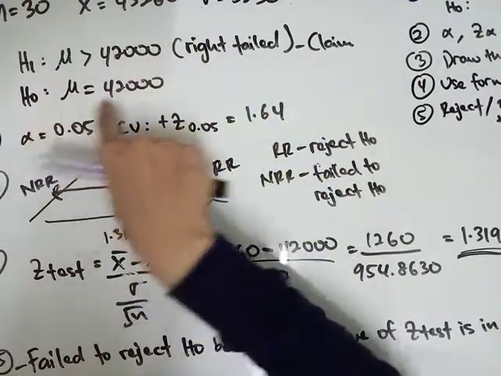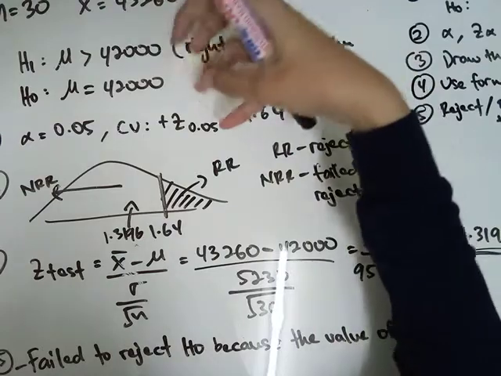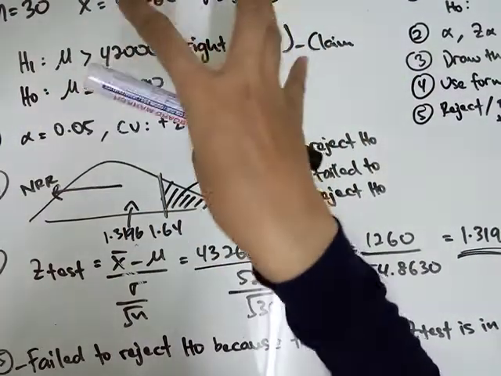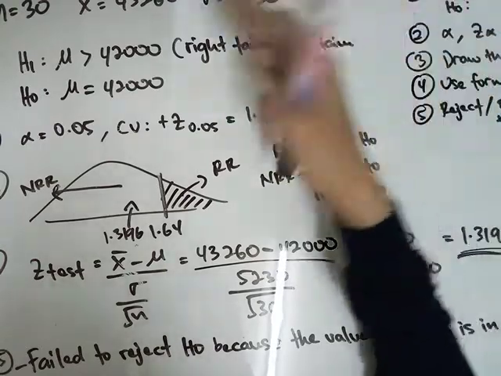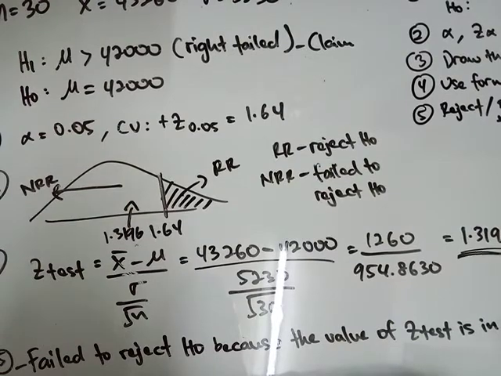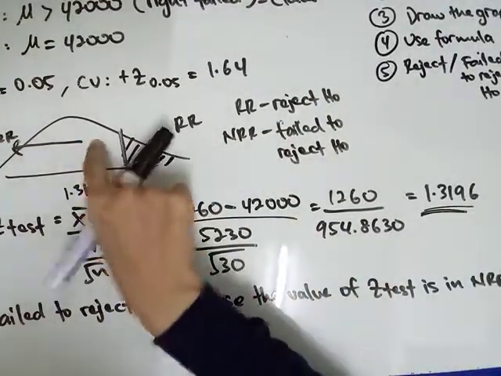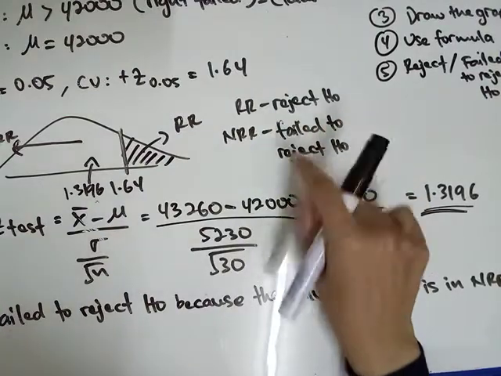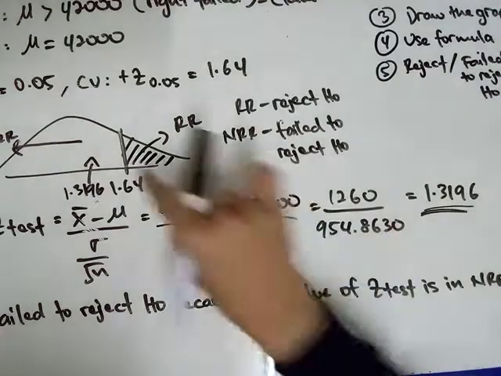But H-note ni nak mengatakan yang statement ni not true. Mungkin dia dapat equal ataupun less than 42,000 per year. Okay, so bila kita dapat value ni dalam NRR, that means kita fail to reject H-note. Kita accept the H-note because the value of z-test is in NRR.